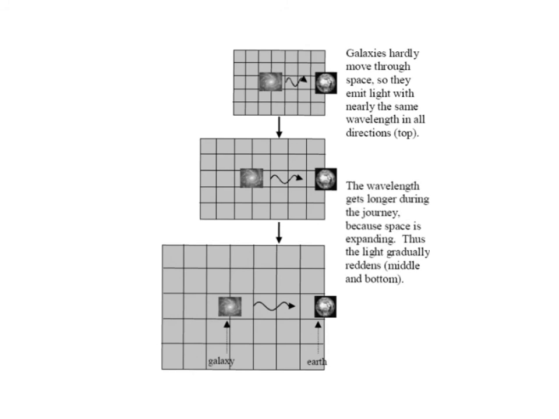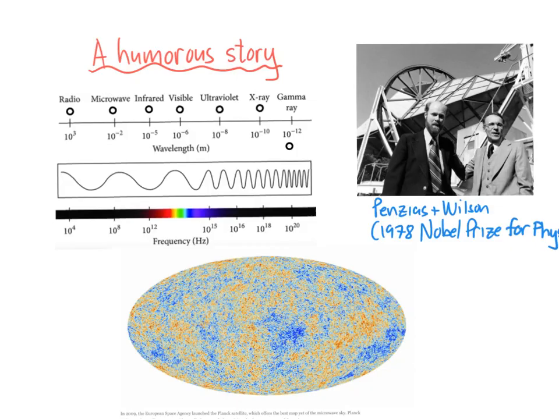If a galaxy were to move closer to the Earth, then the Doppler shift would be a blue Doppler shift, where the wavelength would get shorter, and so the bands on the absorption spectrum would move toward the blue side of the spectrum. But for the most part, when we look at galaxies, most of them are actually moving away from the Earth because space is expanding. I would like to end off this video with a humorous story.